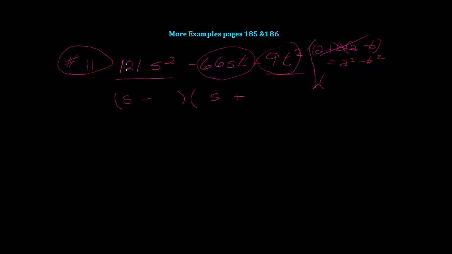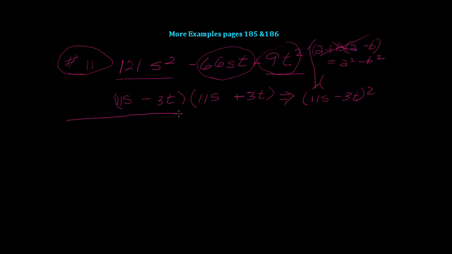And as it turns out, of course, 121 is a perfect square of 11, and 9t squared is the perfect square of 3t. So this actually looked complicated, but it's not. So this actually factors to 11s minus 3t all squared.